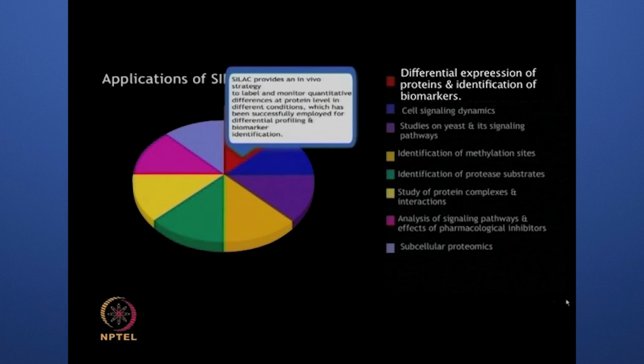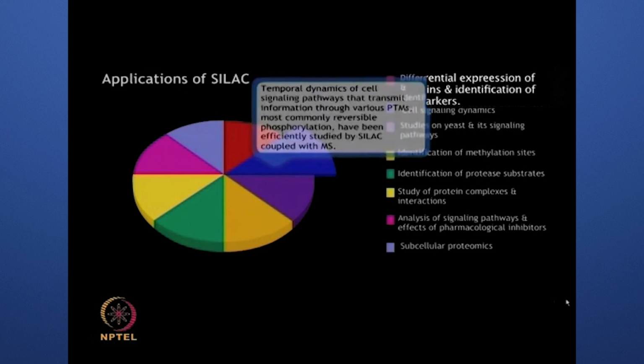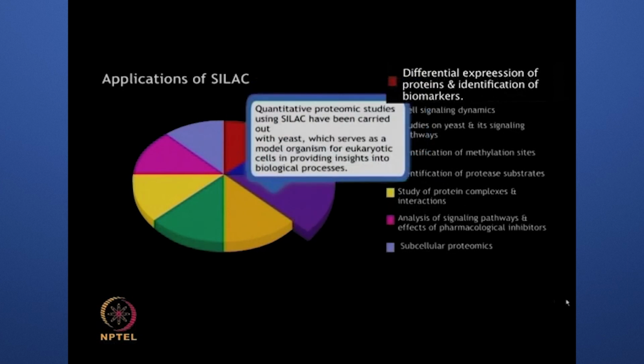Consider the temporal dynamics of cell signaling pathways, which transmit information through various post-translational modifications. Most commonly, reversible phosphorylation has been efficiently studied using the SILAC method coupled with mass spectrometry.